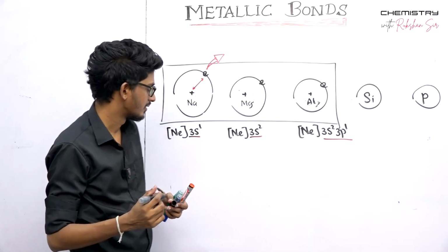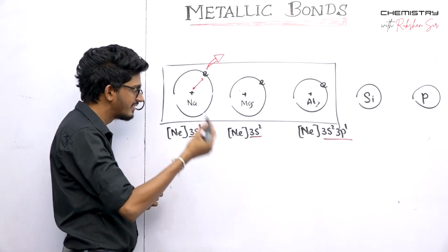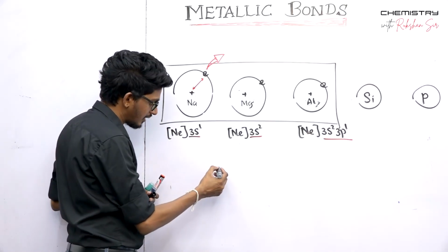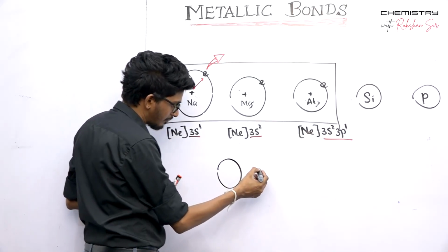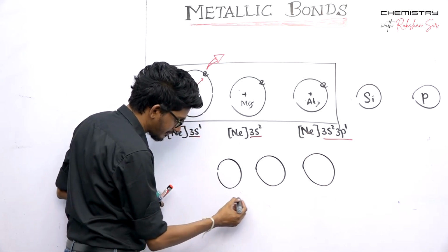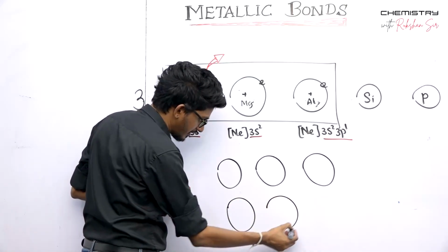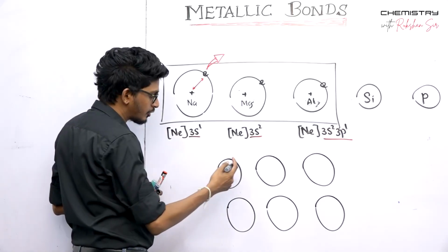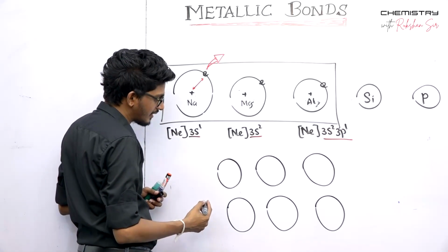metals appear like this. Metals will easily release their outermost electrons. So these are the metal atoms, and metals tend to release their electrons easily.